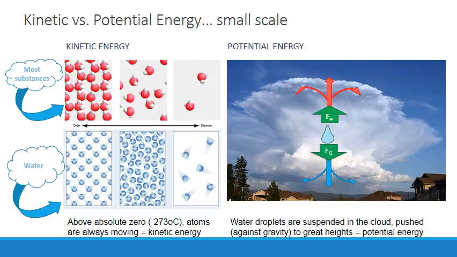So if you are in that portion of the cloud between the updraft and the downdraft, and the updrafts are strong enough to outdo the force of gravity, the particles can remain suspended up there.